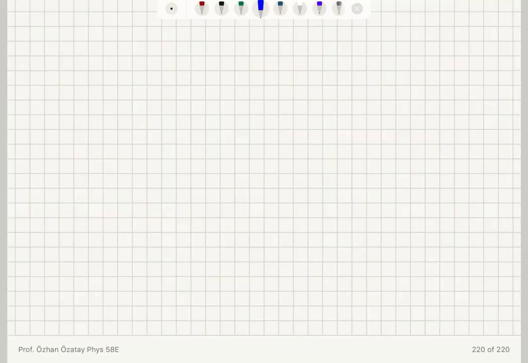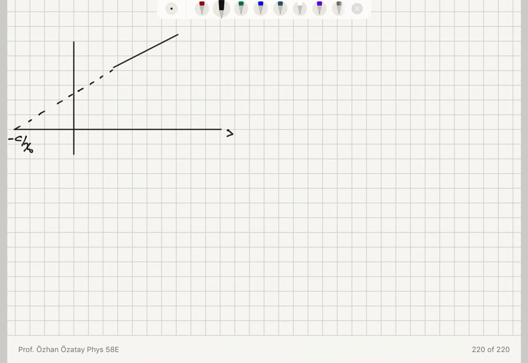Okay, so if we plot 1 over chi as a function of temperature, this is our paramagnetic Curie point.